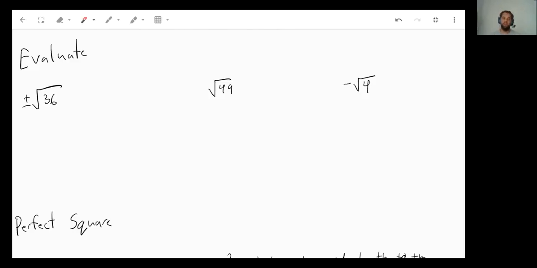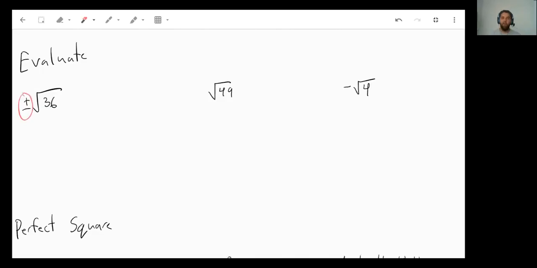So your book notates this when it's looking for an answer to a square root by putting this plus or minus sign in front. All that says is we want both the positive and the negative answer. So since both positive and negative 6 squared will get us to 36, our answer would be positive 6 or negative 6. So if you put plus or minus 6, that gives both answers in a nice condensed shorthand.